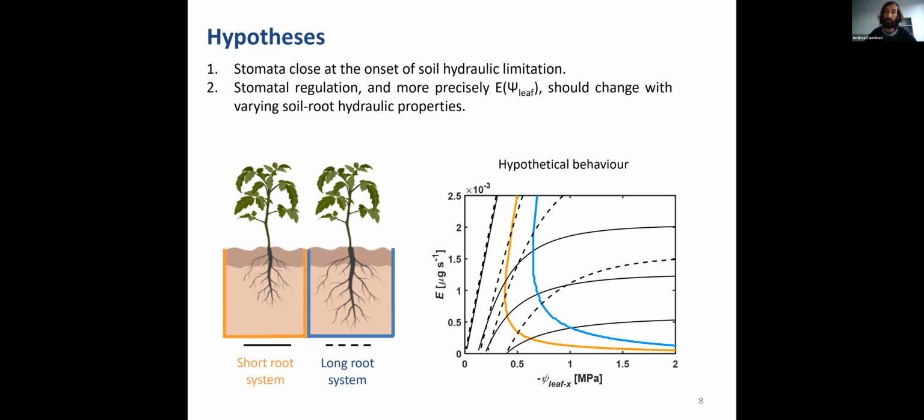So the fluxes of water in the soil are smaller, and so the gradients in the soil are smaller.